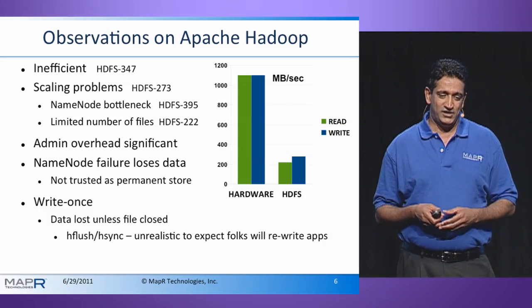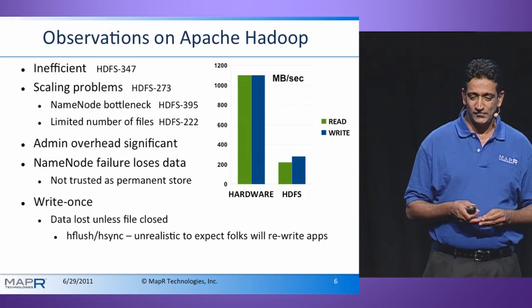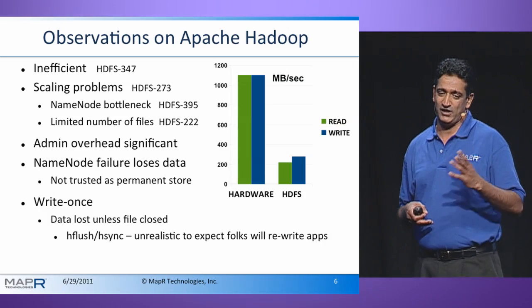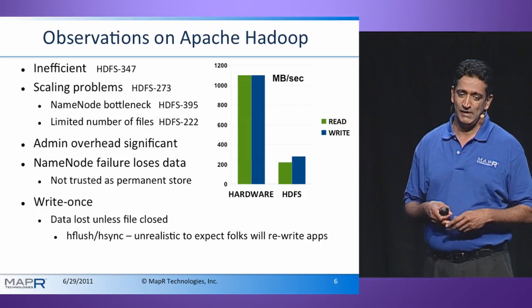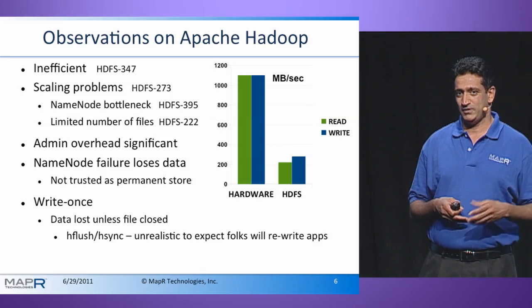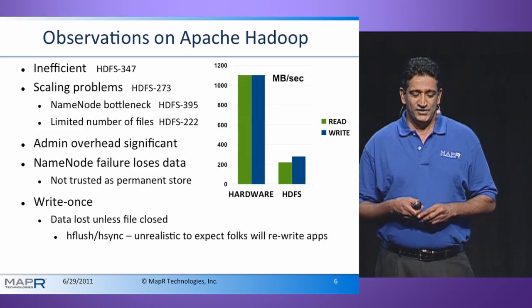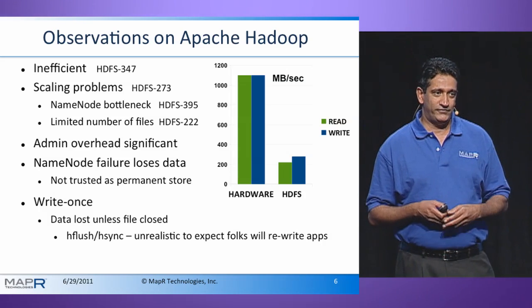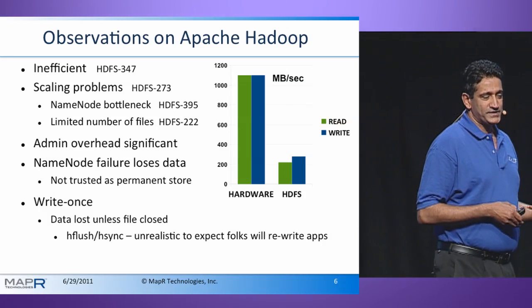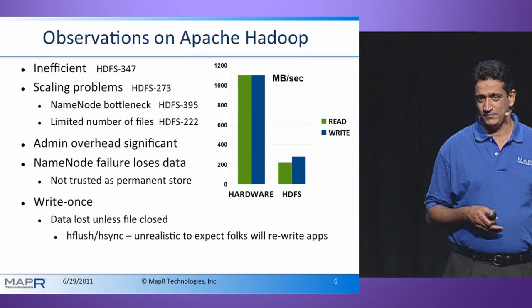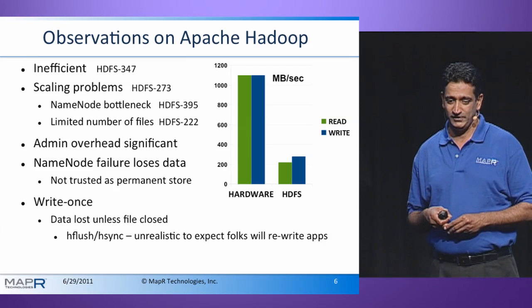And so the chart out there on your right shows, if you have hardware that can do about 1 gigabyte a second, HDFS does about 200 to 300 megabytes a second between read and write. So people said, hey, it's not hardware efficient. There were scaling problems. There was a name node bottleneck that's well known. Federation tries to address some of it.